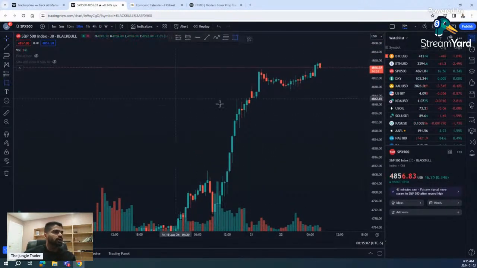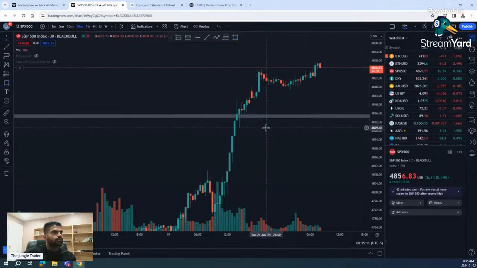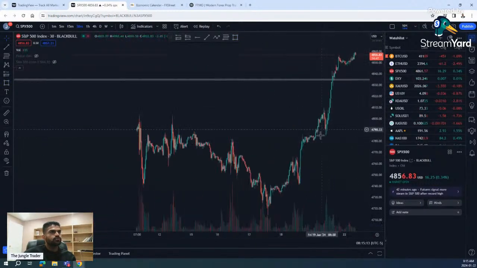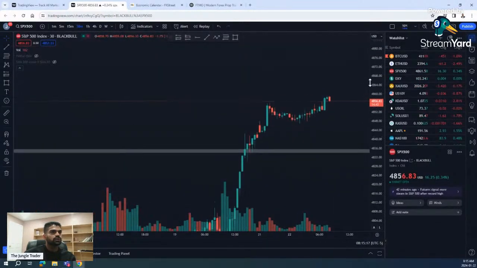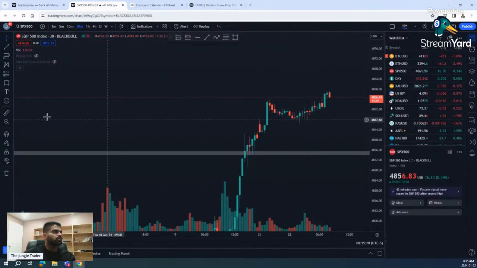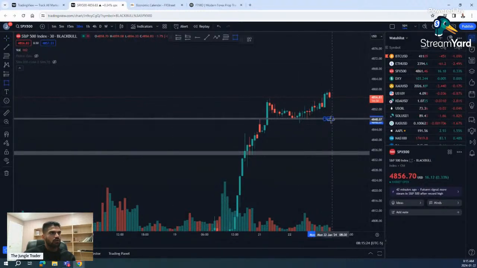Probably something here, but it'll be interesting to see once the price action moves. And as you can see, this area is also holding. And there's some resistance around here.